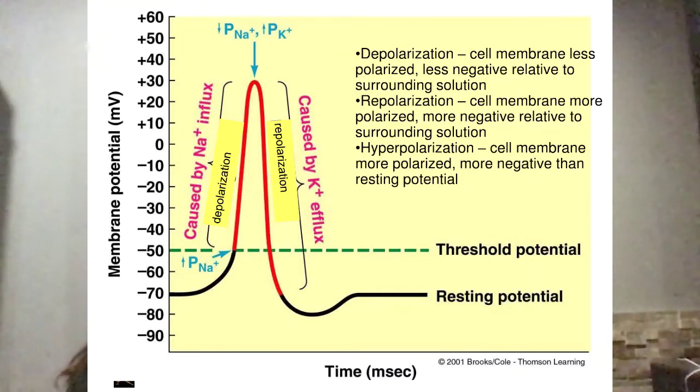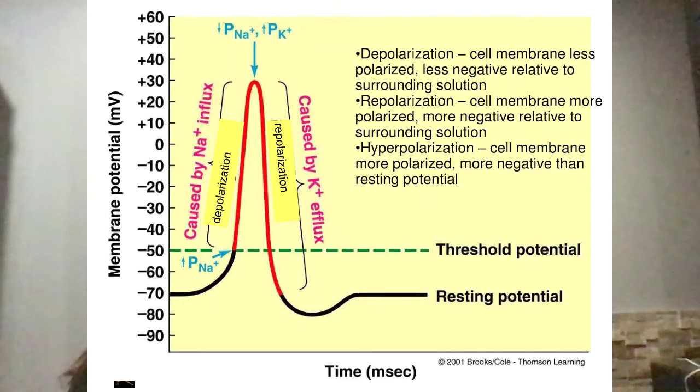Now the cell is positive. Until it reaches +30, that gate will close. And that's not because it hits +30, it's just because of the timing. The gate doesn't stay open forever. It only stays open for a certain proportion of time. And that amount of time it stays open only allows it to depolarize to +30.